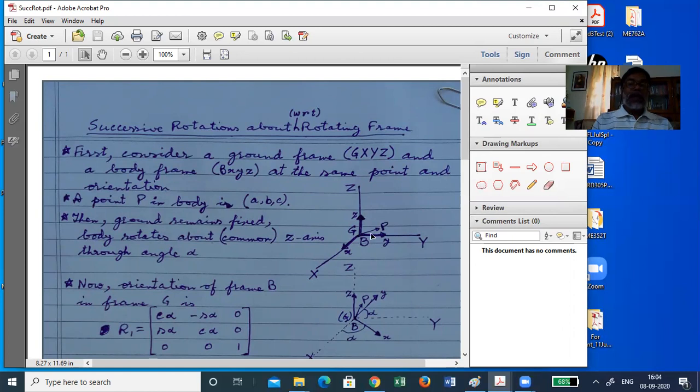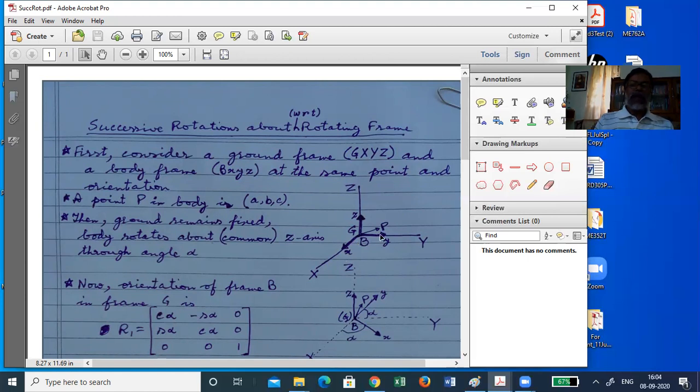Now, since the entire body with its frame is turning, in the local frame, the small xyz frame, the representations of the points in the body will not change, but they will change in the fixed frame. Since the x direction now makes an angle alpha, its unit vector in the ground frame will become cos alpha, sin alpha, 0.